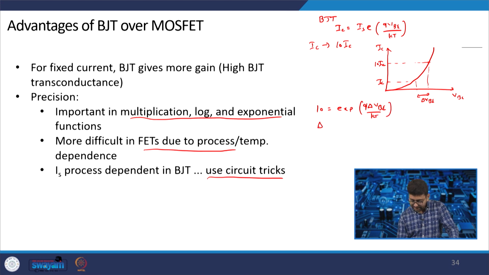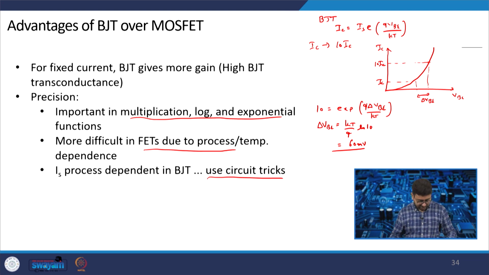So delta VBE is equal to KT by Q into ln 10, which comes around 60 millivolt, which is too small. So, if you change delta VBE by 60 millivolt, your current IC is increased by 10 times. Now, if you consider the MOSFET, it will be a different case.